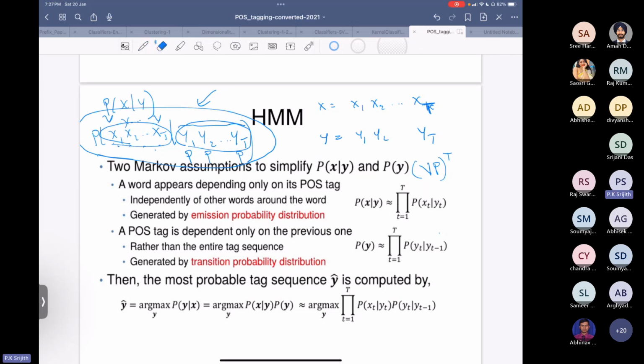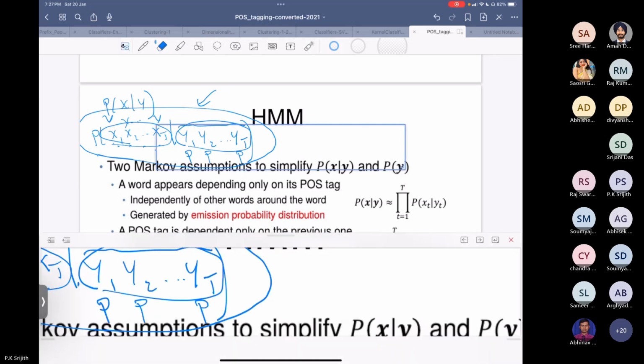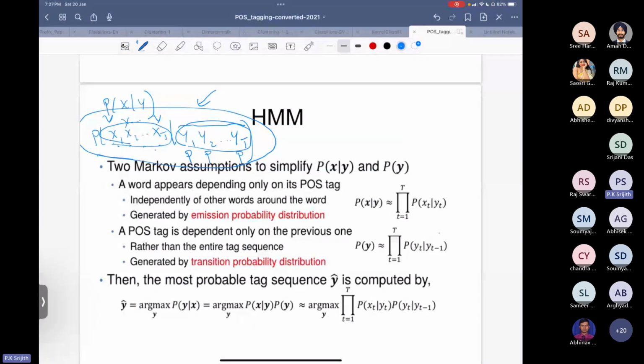So what the HMM assumes is, this is the first assumption that HMM makes in the hidden Markov model. The ith component xi only depends upon its corresponding label yi.